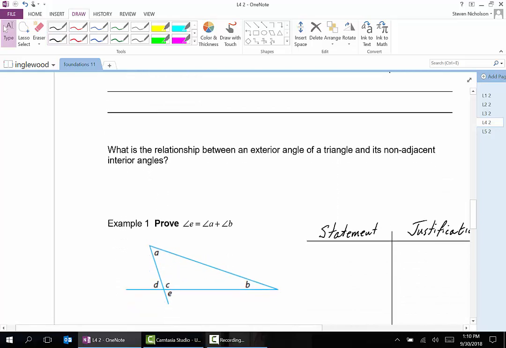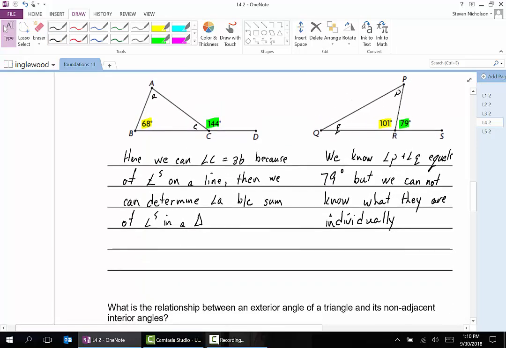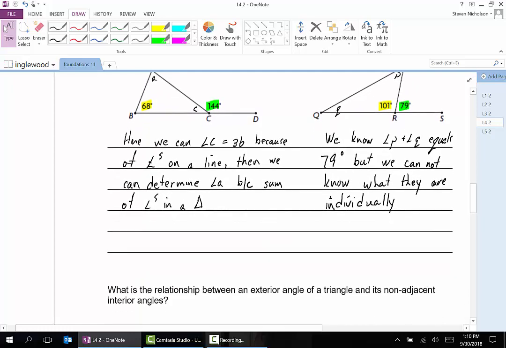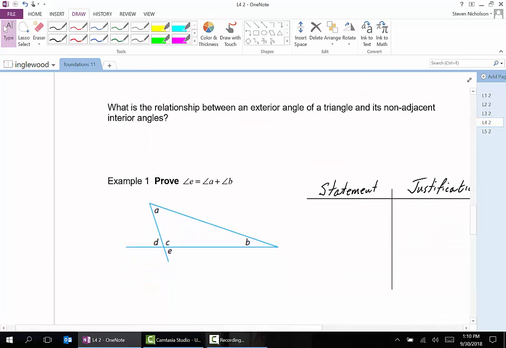So over these last couple of examples, what you should recognize is there's this relationship between an exterior angle of a triangle and its non-adjacent interior angles, meaning the ones on the other side of the line. And the relationship is the exterior angle is equal to the sum of the non-adjacent interior angles.